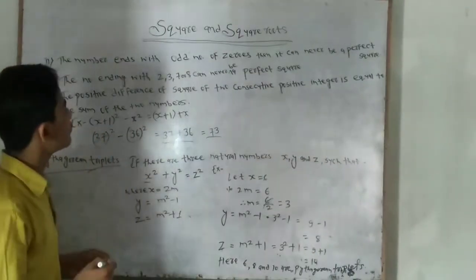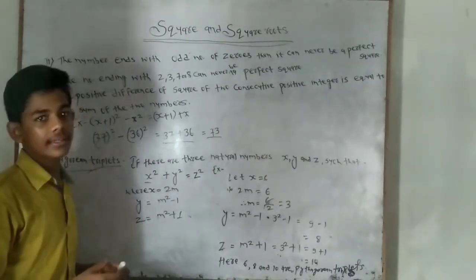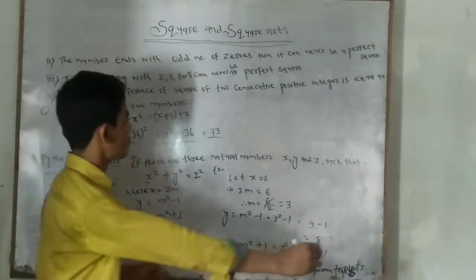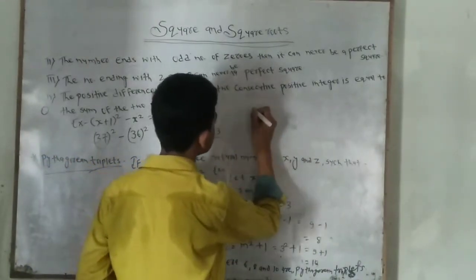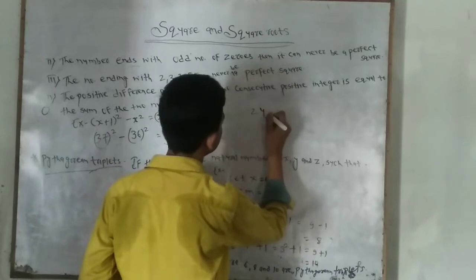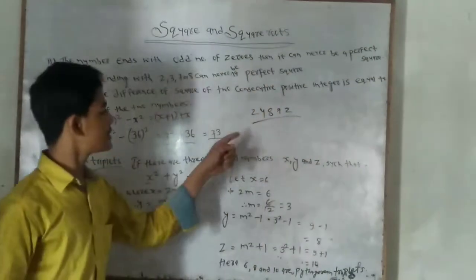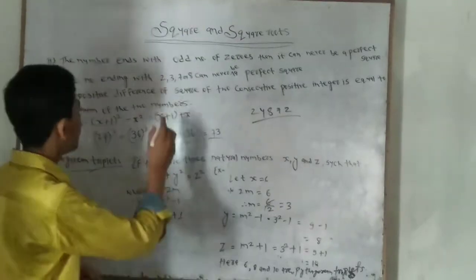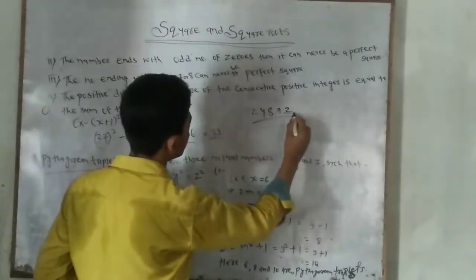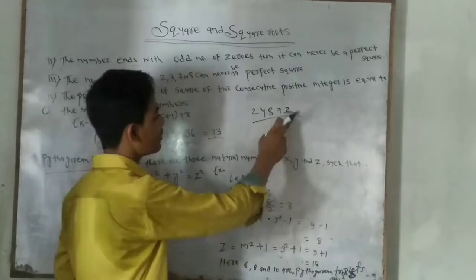A number ending with 2, 3, 7 or 8 can never be a perfect square. It means suppose there is a number, and at the end the unit place is taken by 2.